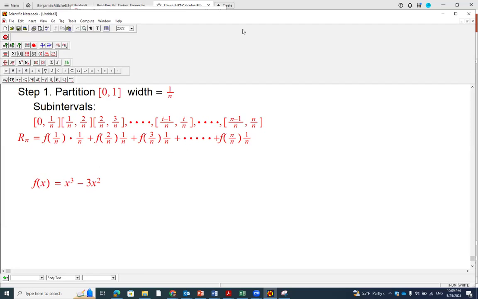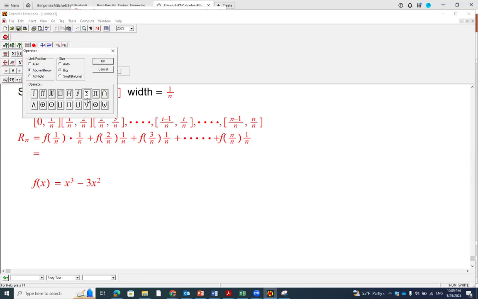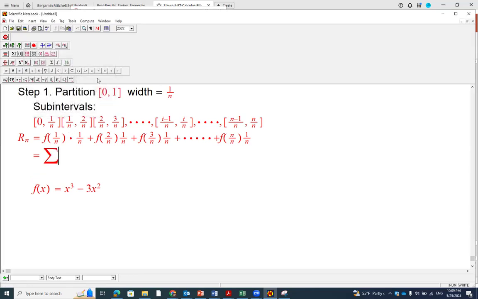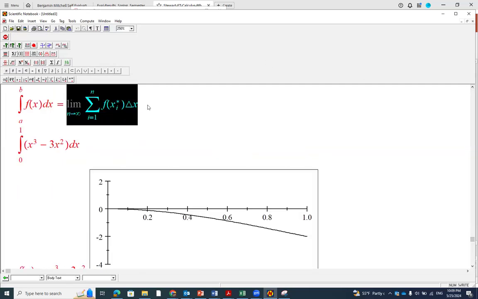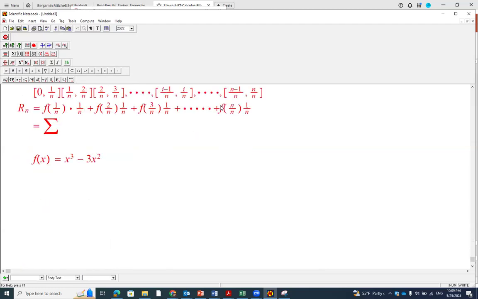And what we're going to have is that we're going to write it as a summation notation. Okay, so this is summation notation. All right. I'm going to borrow this form. We don't use limit yet. Okay, limit is removed.